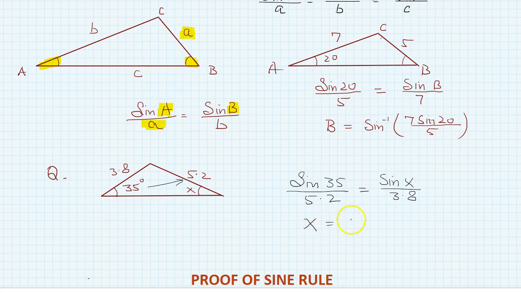So X will be sine inverse of 3.8 sine 35 divided by 5.2. So this is the value of X in degrees.